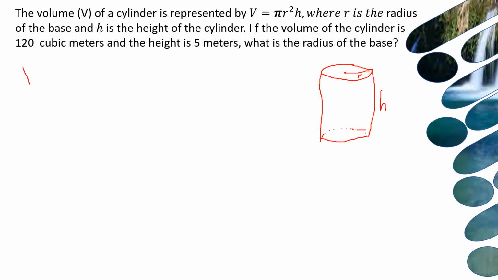Now, since the volume of this cylinder is given as the area of its base, pi r squared, times height, and its volume is 120 cubic meters, and its radius is unknown, while its height is, sorry, 5 meters.